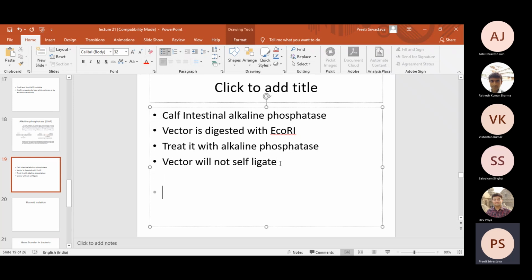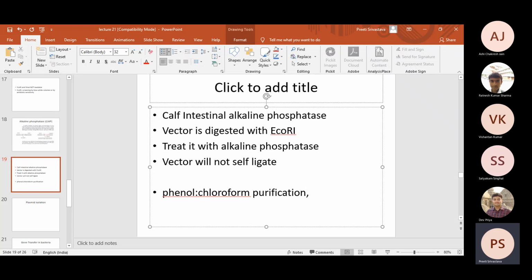This is usually not done, because when we treat with alkaline phosphatase, there are two problems. When we treat it with phosphatase, you need to remove this enzyme before performing ligation. So you need to include a phenol chloroform purification step, and during this purification it will end up resulting in reduced yield of the plasmid, because phenol chloroform involves a number of centrifugation steps, and then you have to collect the supernatant with the help of a pipette.